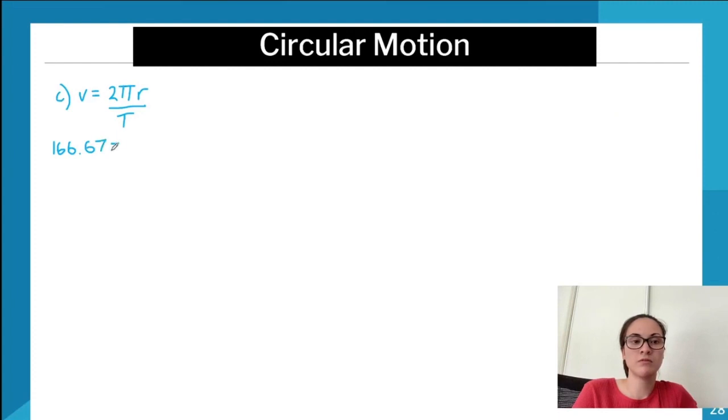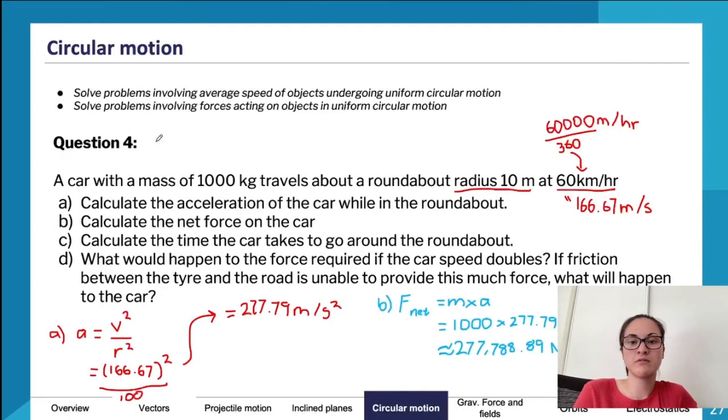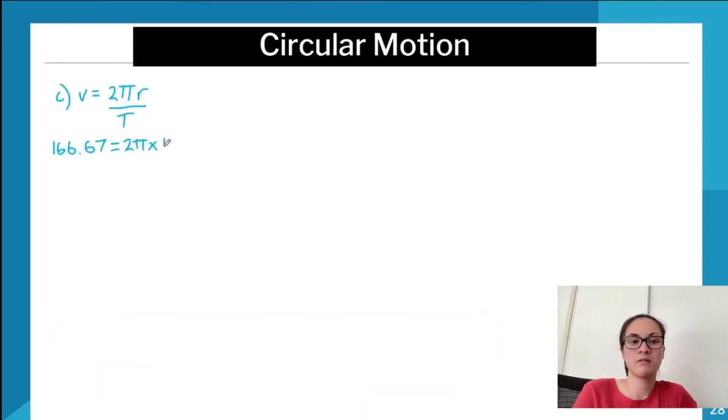It's equal to 2 pi. Oh, and our radius. Pretty sure it was 10 meters. Yep. And that's over time, or the period.